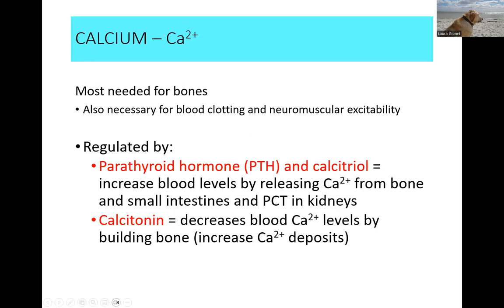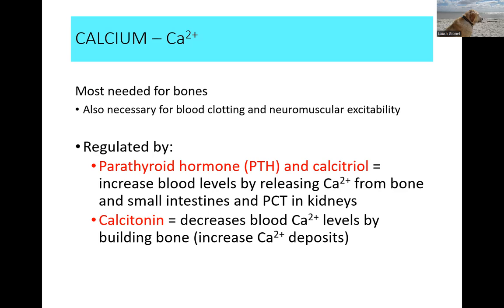Okay, calcium. Calcium is another one. Remember, we looked at cardiac muscle, that we had the calcium plateau, which is part of the action potential that you could draw out for cardiac muscle contraction. Or not really the EKG, but part of the action potential. It's needed for strong bones and mineralization, for blood clotting, and for neuromuscular excitability.